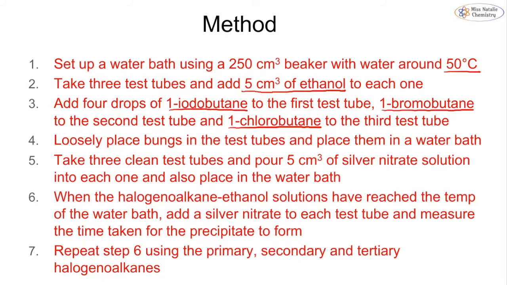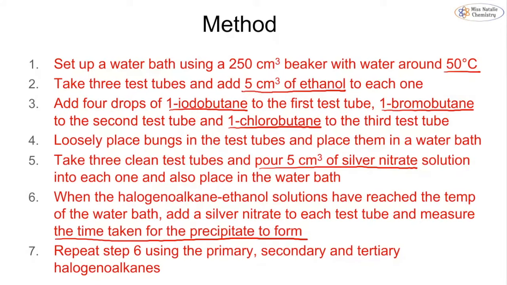I then want to take another 3 test tubes and I want to put 5 centimeters cubed of the silver nitrate solution, and I put it all into the water bath. I leave it for maybe about 5-10 minutes just in order to allow them to all come to 50 degrees Celsius, and when they've reached that temperature, I take a silver nitrate test tube and I add it to the iodobutane first of all, and then I time how long it takes for the precipitate to form.